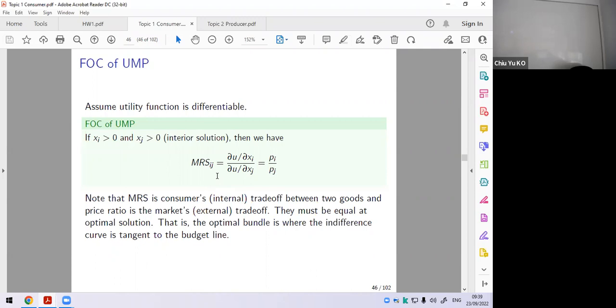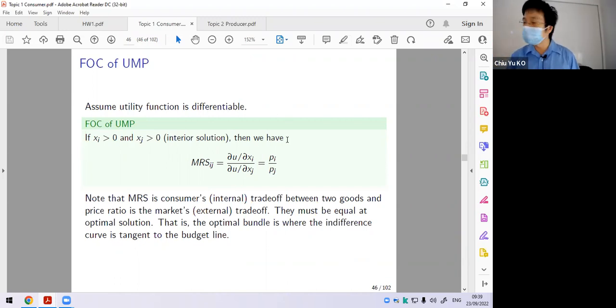And how many units you can buy is divided by PJ. So this is the exchange rate for I and J. And this is internally for you, how much to keep you as happy as possible if you give up I for J. So make sure that this is the same when you are consuming a positive amount of both goods.